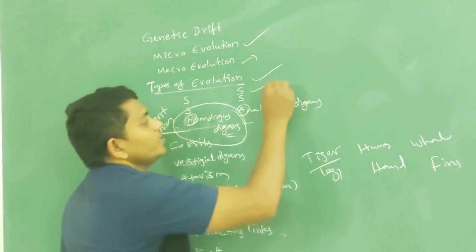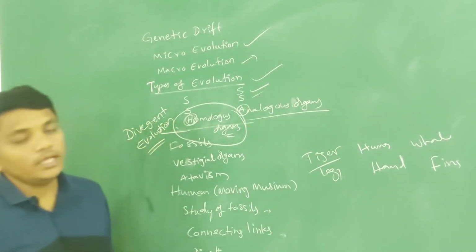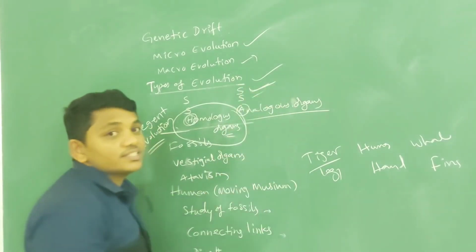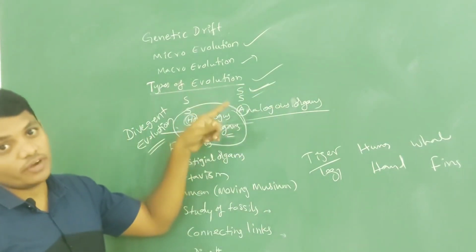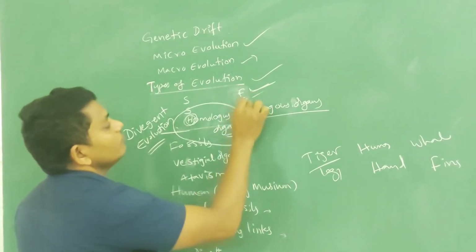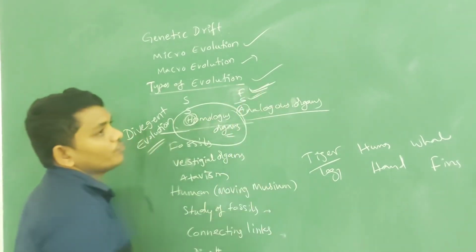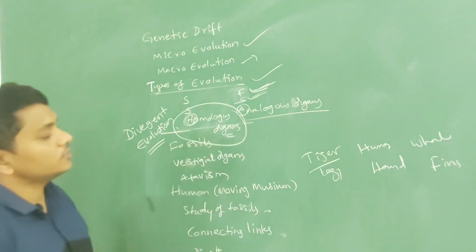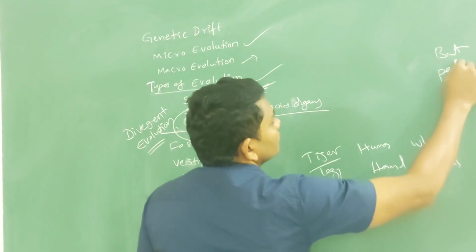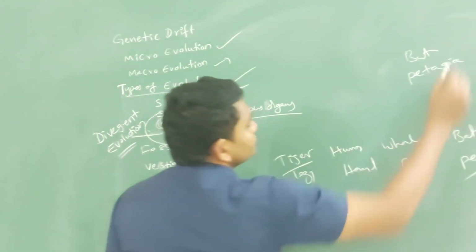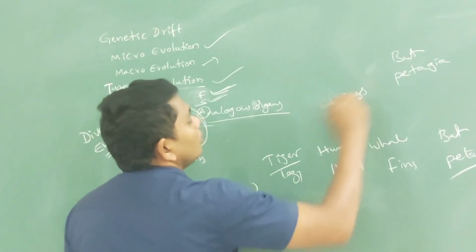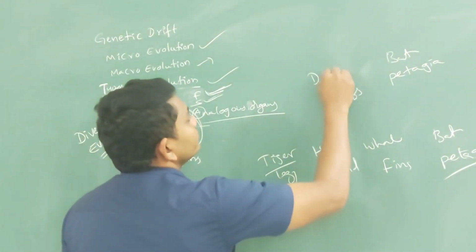Let us discuss analogous organs. Here the structure is different but the function is same. FSA is better: function is same, analogous organs. For example, patagia and also wings of dragonfly.